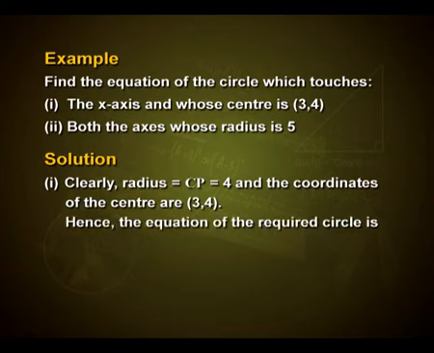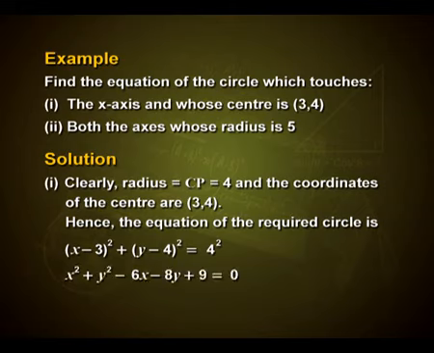Hence, the equation of the required circle is (x minus 3) whole square plus (y minus 4) whole square is equal to 4 square, which can be simplified as x square plus y square minus 6x minus 8y plus 9 is equal to 0.